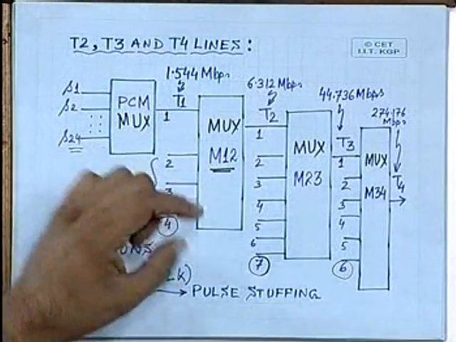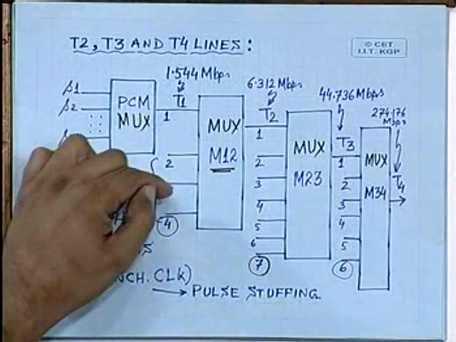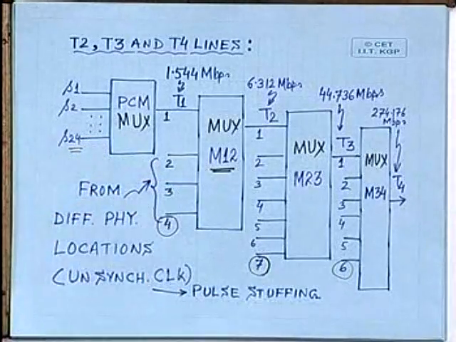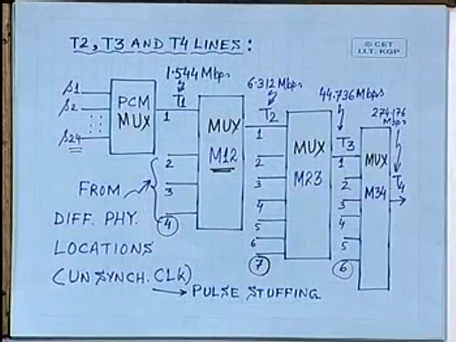For some input the clock may lag a little bit, for another input the clock may lead a little bit, so that the actual time over which you get a frame may not be exactly 125 microseconds. Does it make sense? There will be a little bit of mismatch.